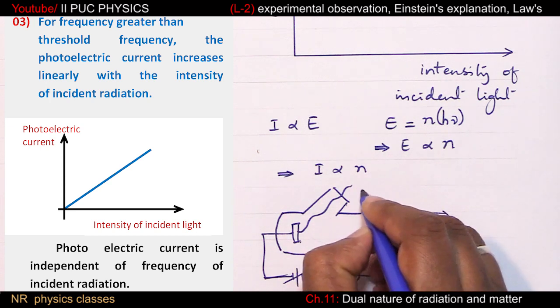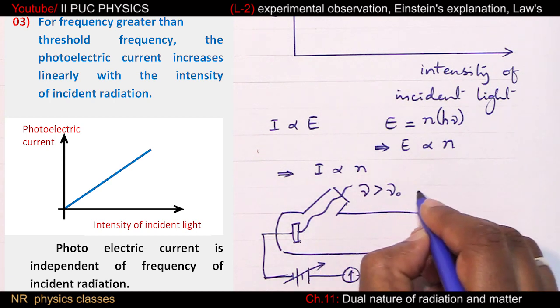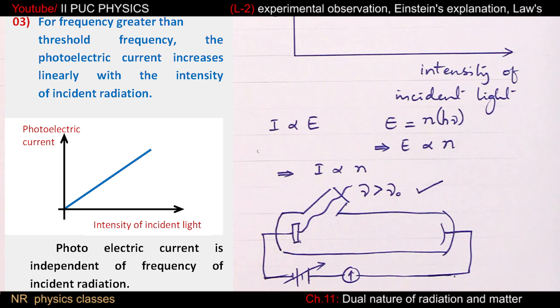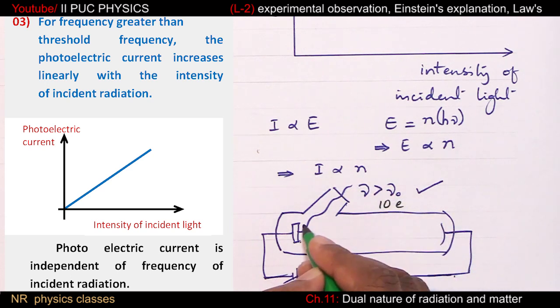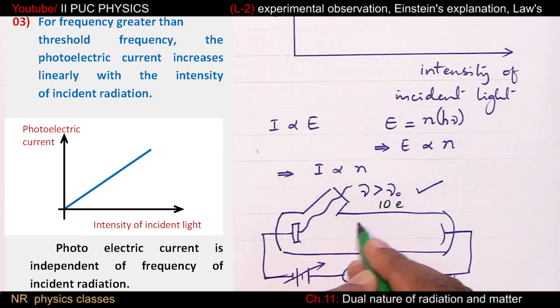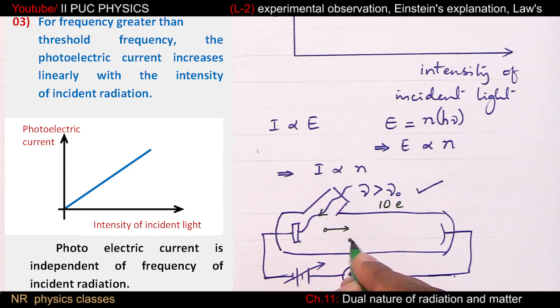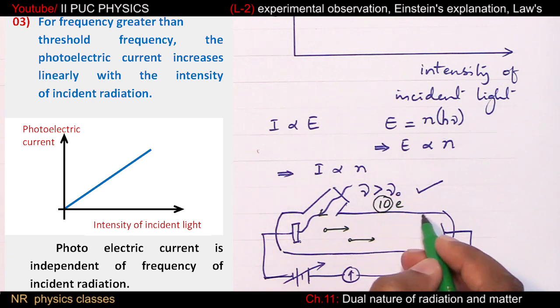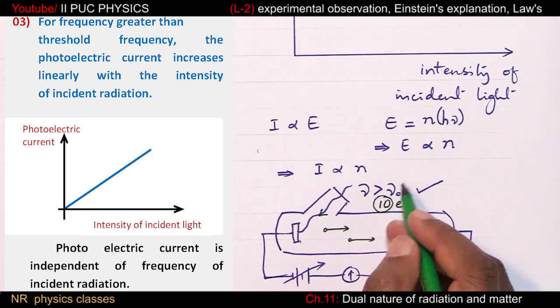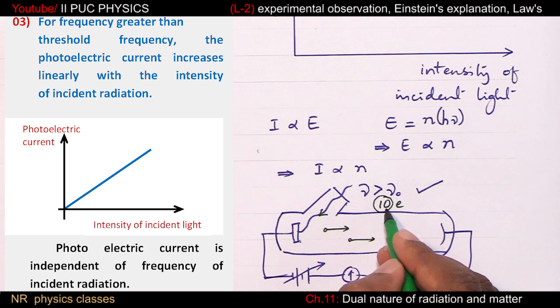Suppose frequency of incident radiation is greater than threshold frequency, then there is emission of electrons. Suppose 10 photons are falling, maximum 10 electrons are emitted. It is really foolish to use such numbers, because in a beam of light the number of photons involved is very large, but still, to understand the concept, let me use such numbers.